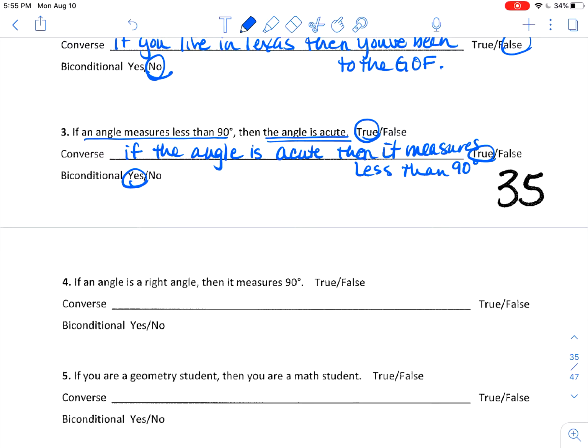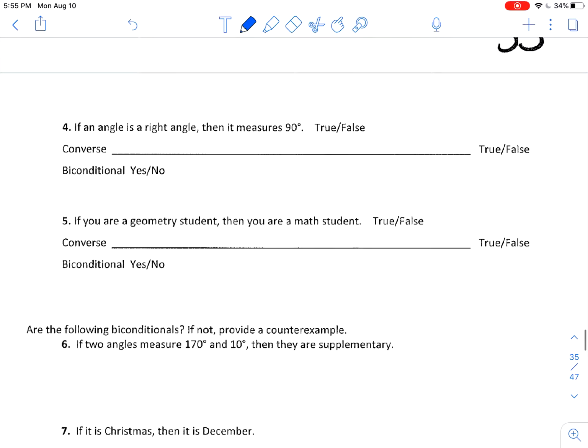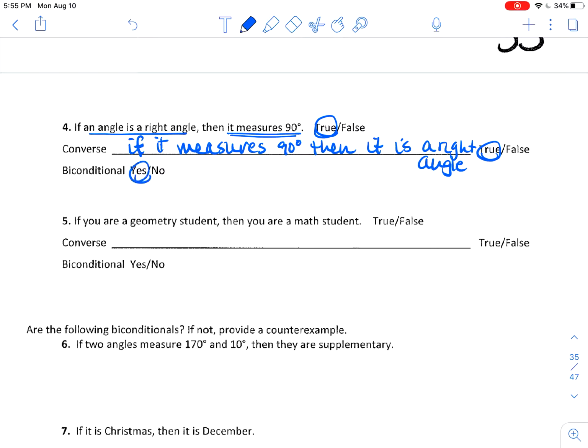Let's take a look at number 4 together. If an angle is a right angle, it measures 90. That is true. The converse, if it measures 90, then it is a right angle. That's true also. And this is a biconditional.